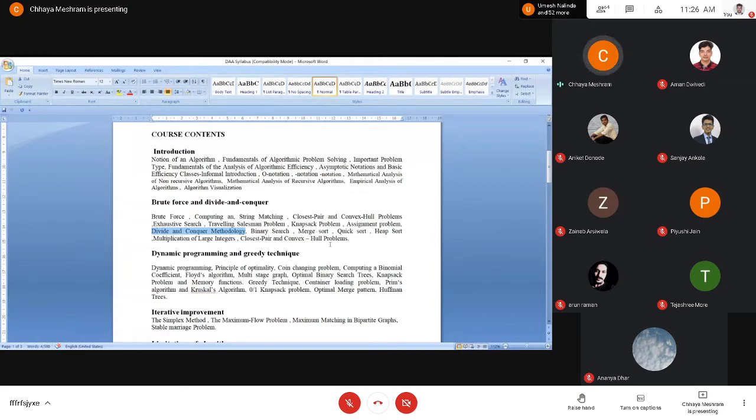So under this divide and conquer strategy, or this divide and conquer methodology, we are going to study binary search, merge sort, quick sort, heap sort. All these things we are going to study under this divide and conquer strategy.